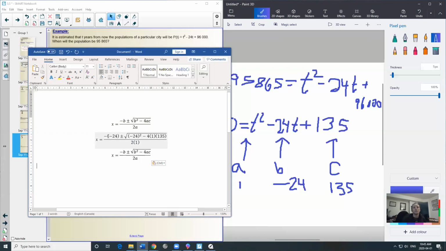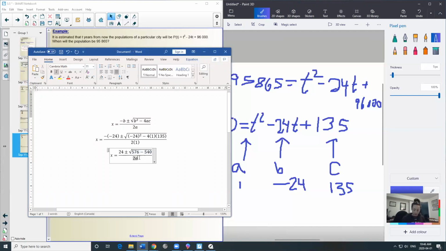Negative times a negative is a positive, so this is positive 24 plus or minus. Now 24 squared is a nice big number, 576. And 4 times 1 times 135 is 540.